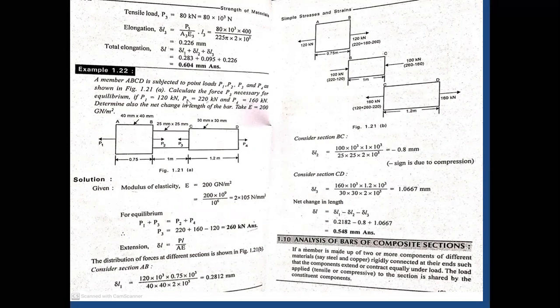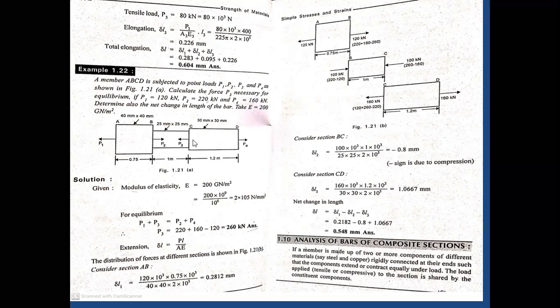Okay, and the next problem: the member ABCD is subjected to point loads P1, P2, P3 and P4 as shown in the figure. The specimen is acted upon by several forces, in a random manner. P1 acts on the left side and P4 acts on the right side.